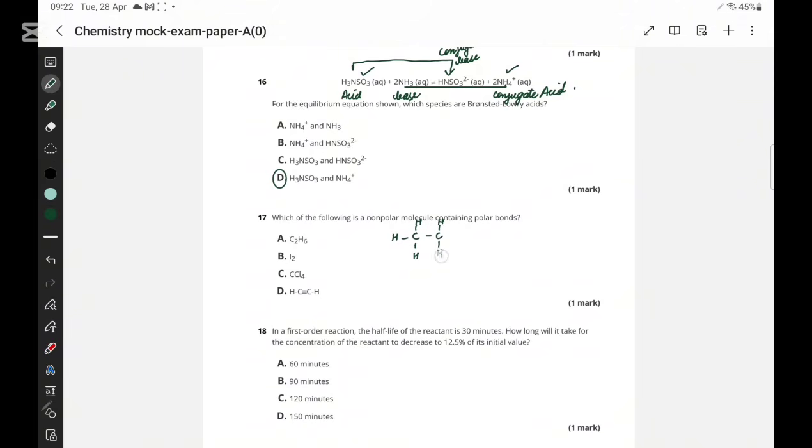There is a small electronegativity difference between carbon and hydrogen, so it is a non-polar molecule and also has non-polar bonds, because the electronegativity difference is not much. Then I2 is a non-polar molecule and also has a non-polar bond.